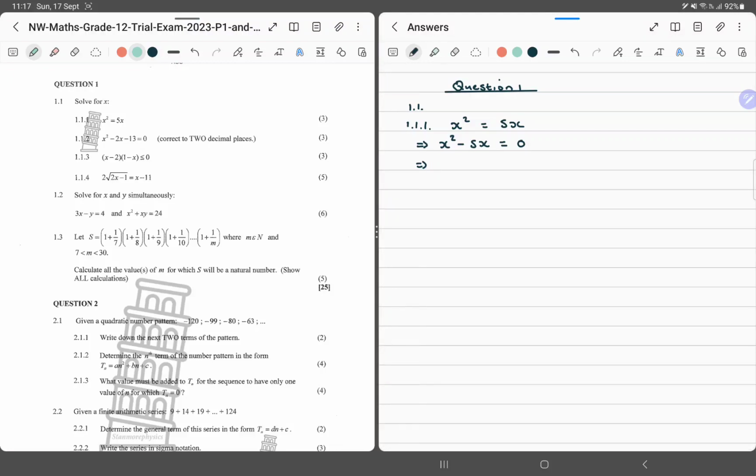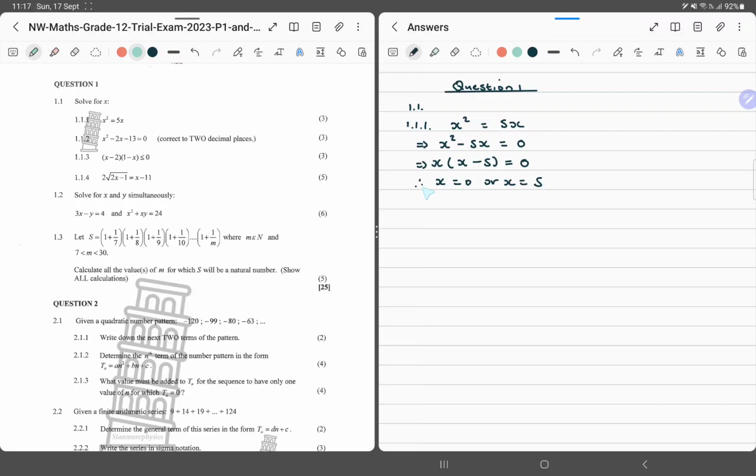When you're dealing with quadratics, you always want to isolate 0 to one side. Then to solve further, we need the highest common factor, which is x. So this is going to factorize in this manner. Once we've got that product, we know that x is going to be 0 or x is going to be 5.